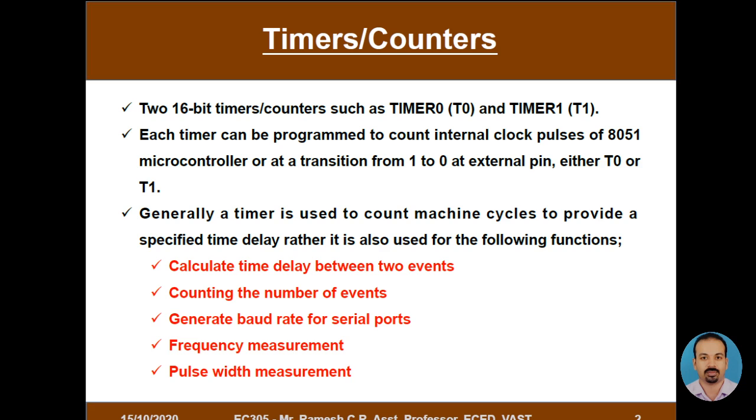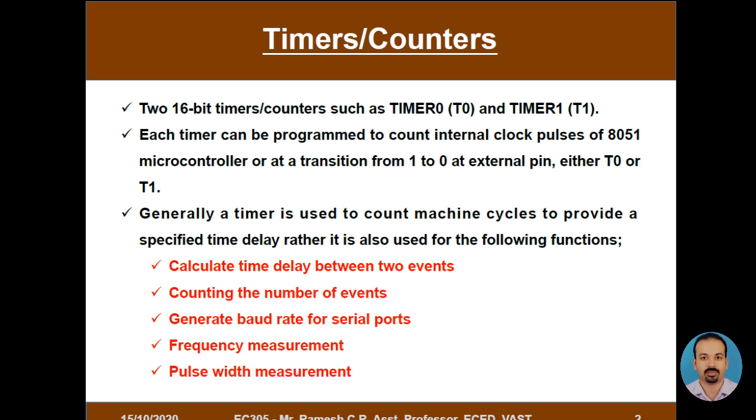sessions. Now the other feature of the timer module available in the 8051 microcontroller is that you can program the timer to count from the initial value to the final value, that is FFFFH, based on the internal clock pulse available inside the 8051 microcontroller, or we do have external pins.